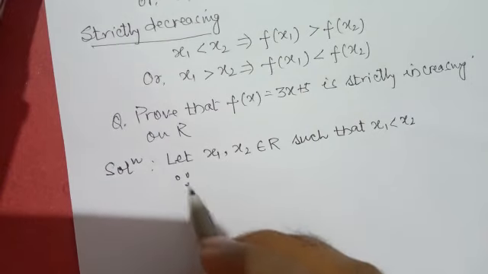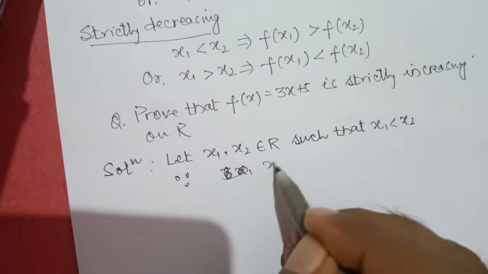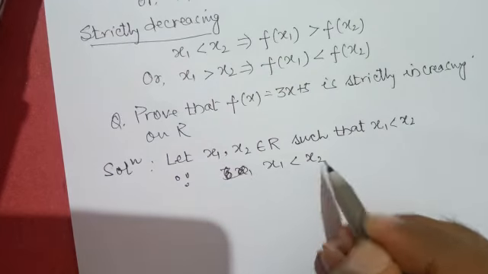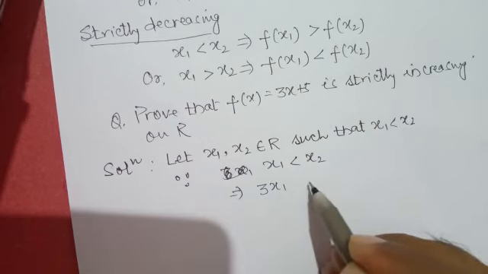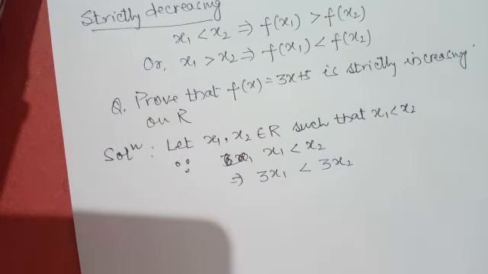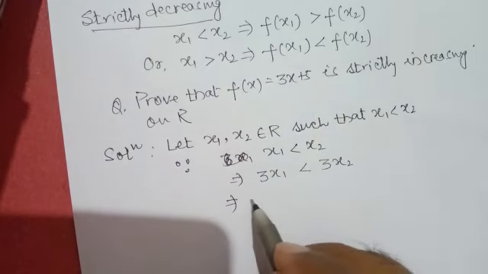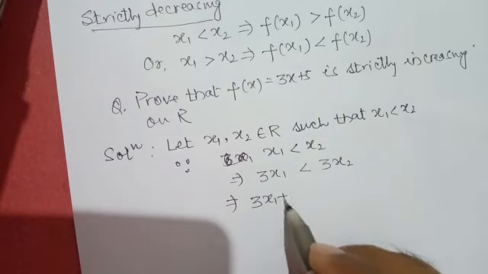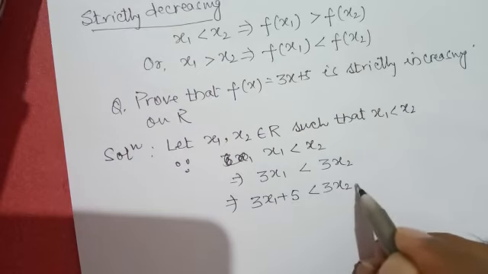Since x1 is less than x2, 3 times x1 is also less than 3 times x2. Add 5 both sides, so 3x1 plus 5 is also less than 3x2 plus 5.